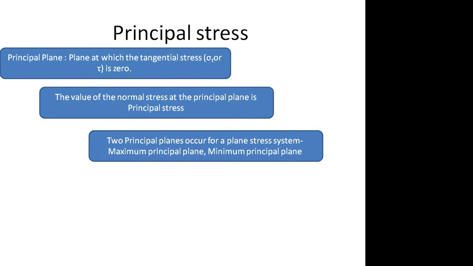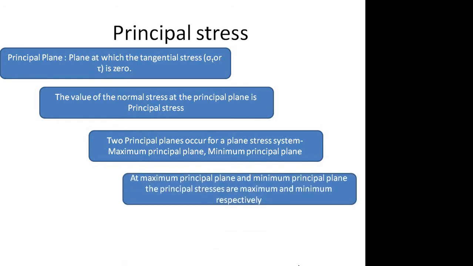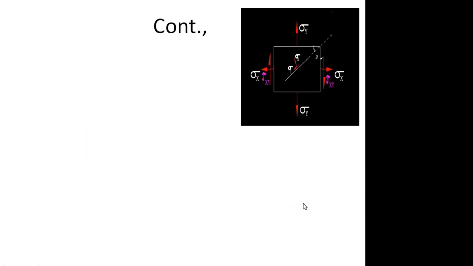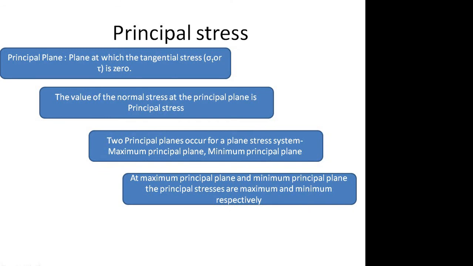So we call them the maximum principal plane and the minimum principal plane, and the stresses are the maximum principal stress and the minimum principal stress. So at the maximum and minimum principal planes, the principal stresses are maximum and minimum respectively. We now know about principal stress: at a principal plane only sigma n is there, and we call it the principal stress.